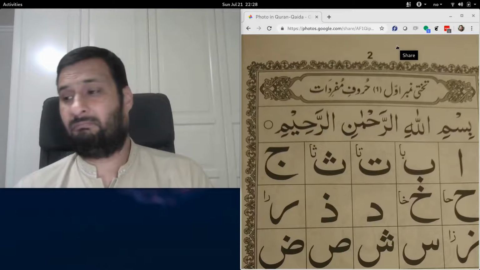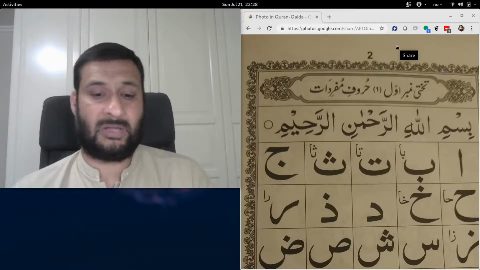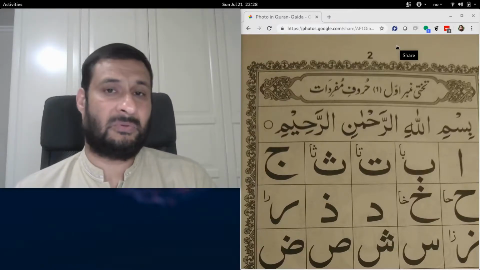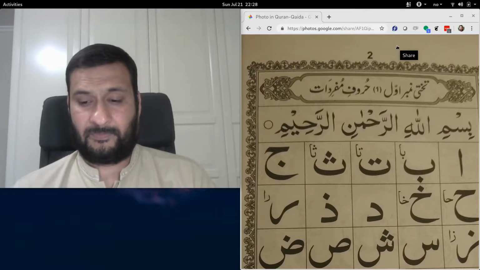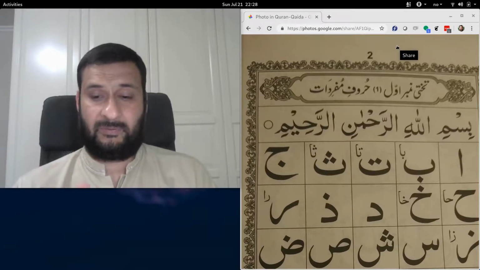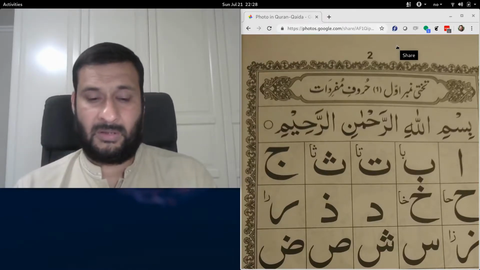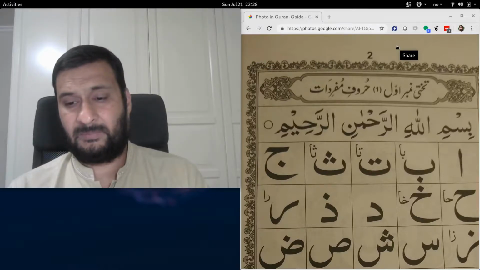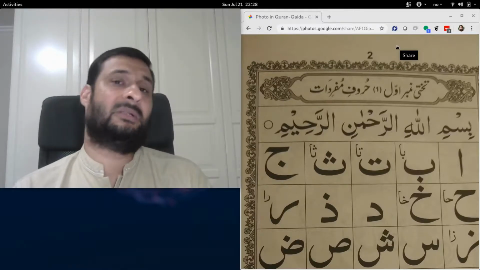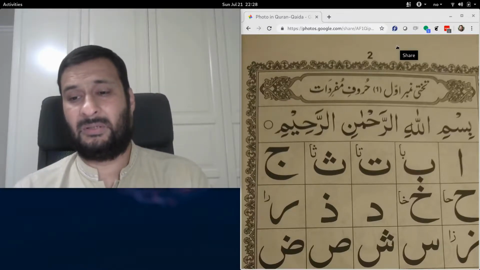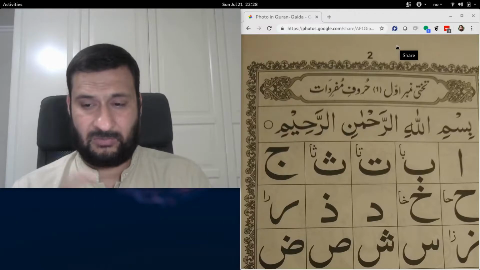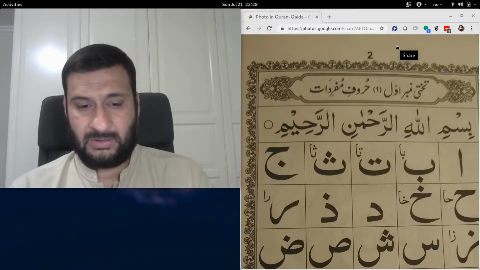Normally English, French, and other Western languages are all written from left to right, whereas Arabic, Urdu, Farsi, etc., are all written from right to left. The number of alphabets in Arabic is 28 or sometimes 29, and both numbers are correct, and I'll explain to you why in a moment.